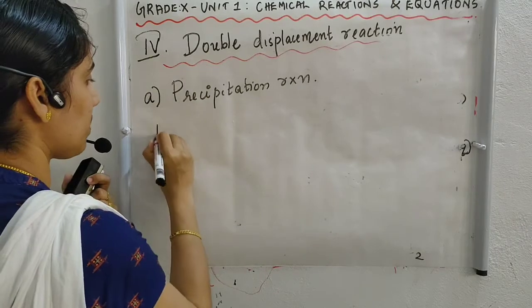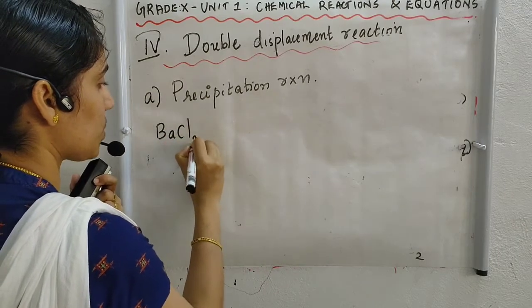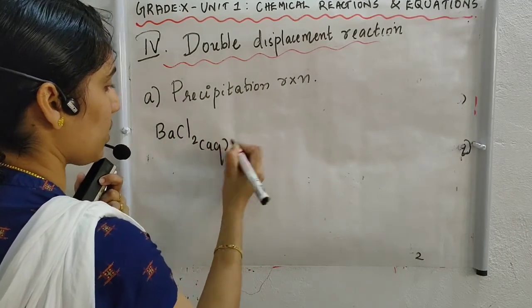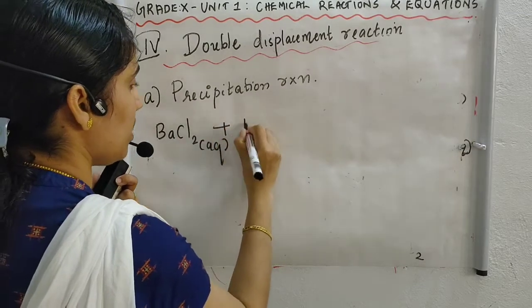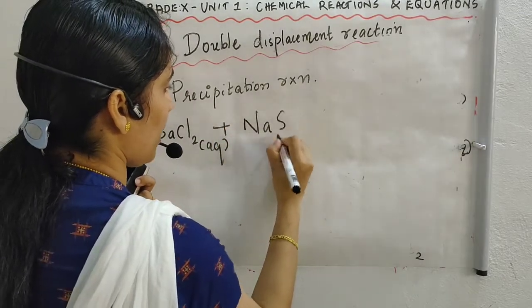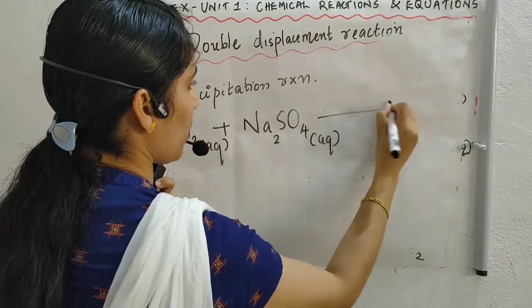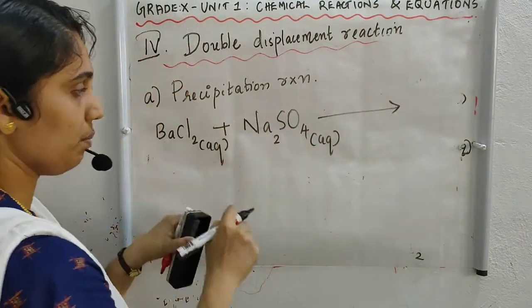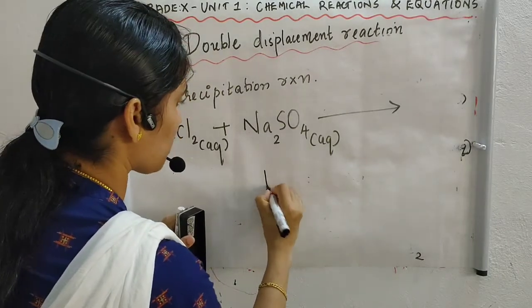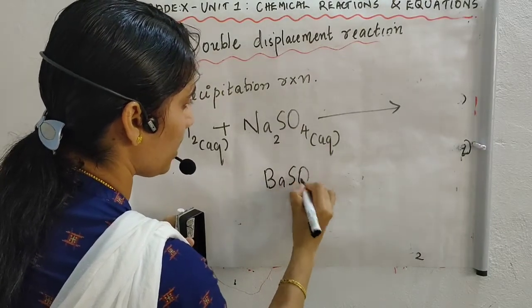The example that we have considered is BaCl2 aqueous, an aqueous solution of barium chloride, plus Na2SO4, sodium sulfate aqueous. These two colorless solutions we are mixing. Immediately a white color precipitate of barium sulfate forms.